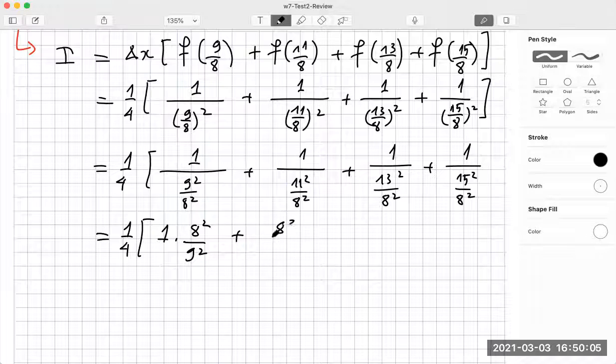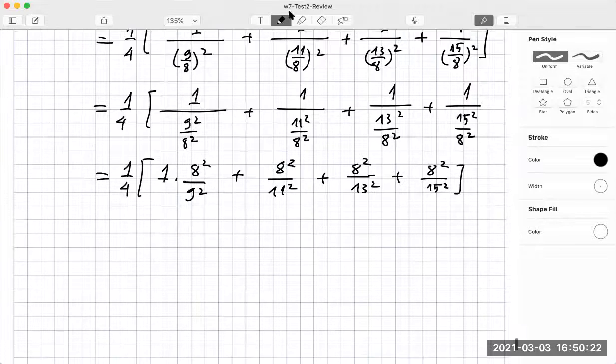We can write it 8 squared over 11 squared plus 8 squared over 13 squared plus 8 squared over 15 squared. Okay, and all of them have the common factor, the like term, which is 8 squared.